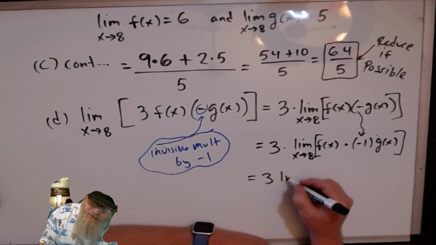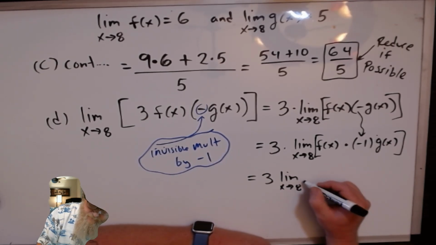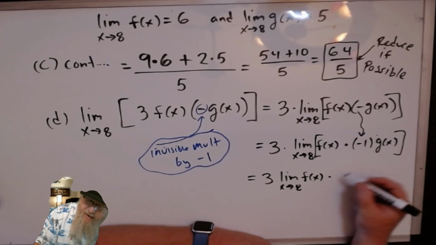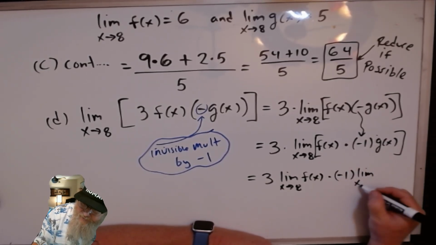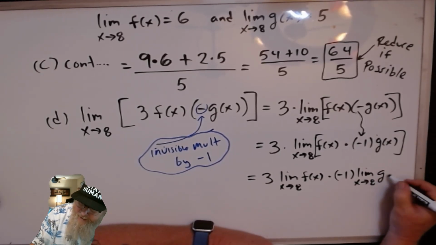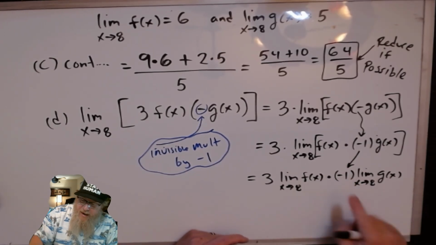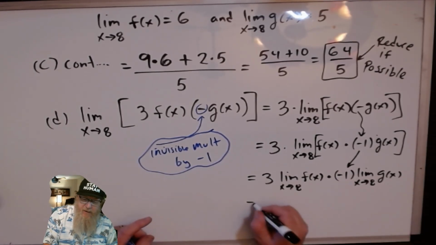Then it's going to be the limit of f of x, right? And then times another constant comes out, and then the limit of g of x. So I'm multiplying by -1. I'm not subtracting there, which is very important. And now I can put everybody in.